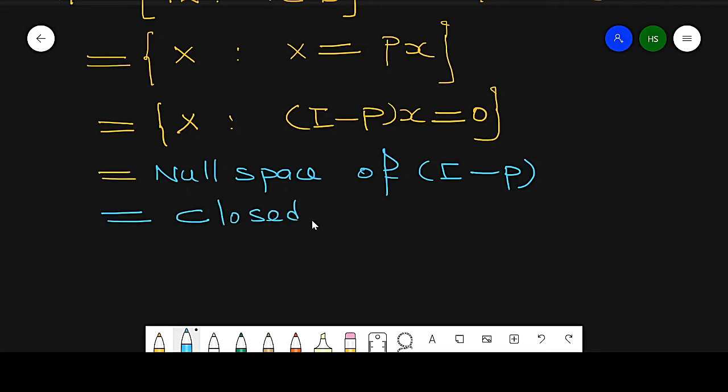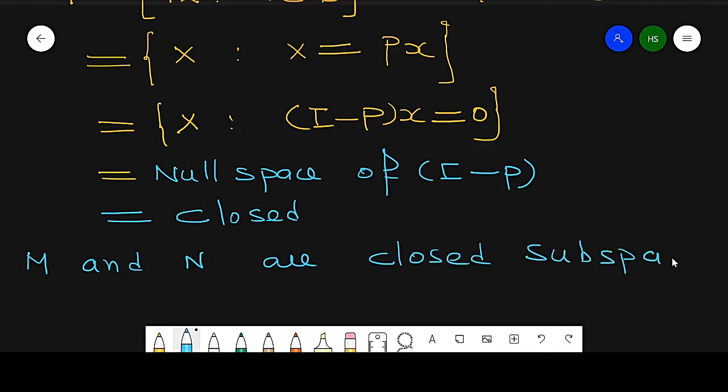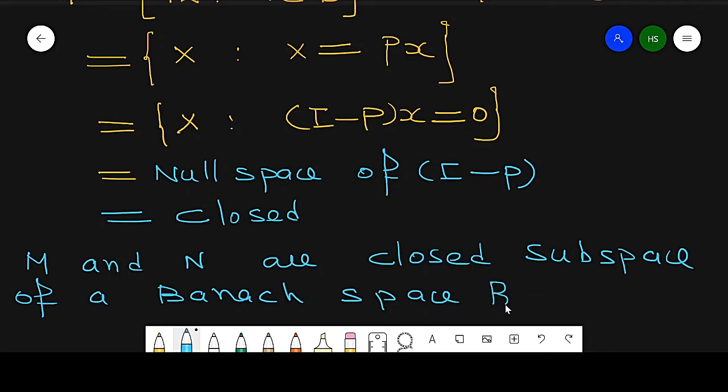So if it is again closed, then M and N are closed subspaces of the Banach space B. So that proves our theorem.